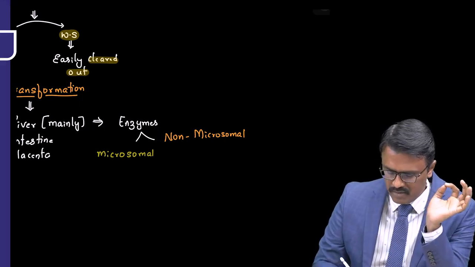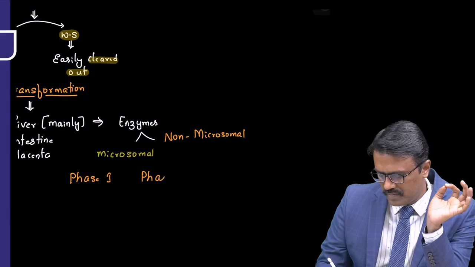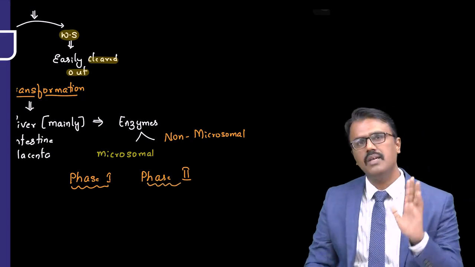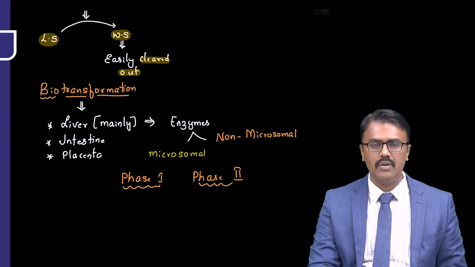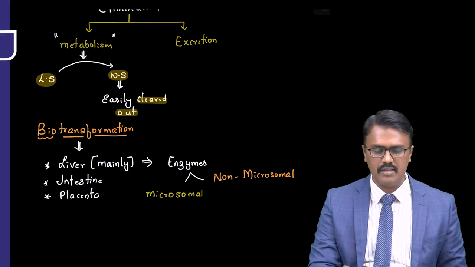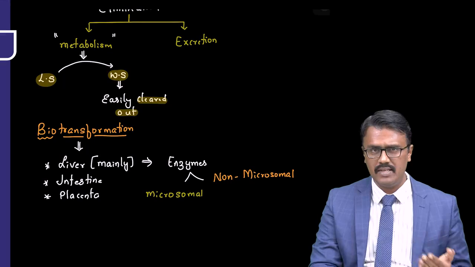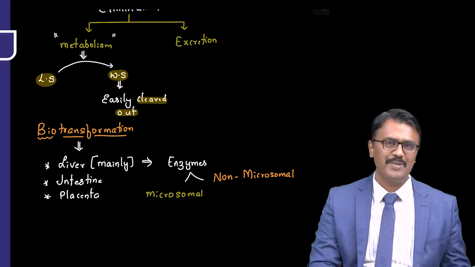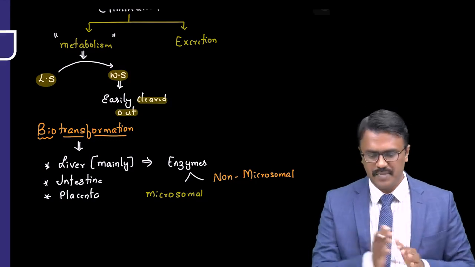Now there are two phases of metabolism, phase 1 and phase 2. We'll understand that later. So this is the meaning of biotransformation. It is also called drug metabolism. The major site is the liver. In the liver enzymes, we have two types of enzyme, microsomal and non-microsomal. There are two phases of metabolism, phase 1 and phase 2.